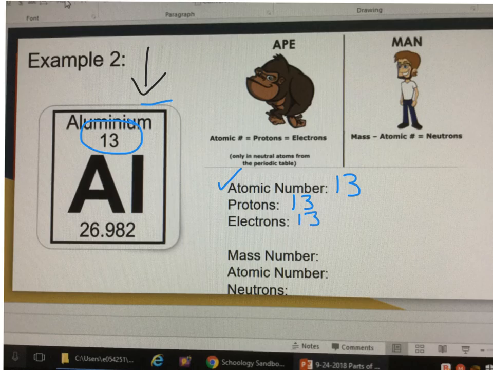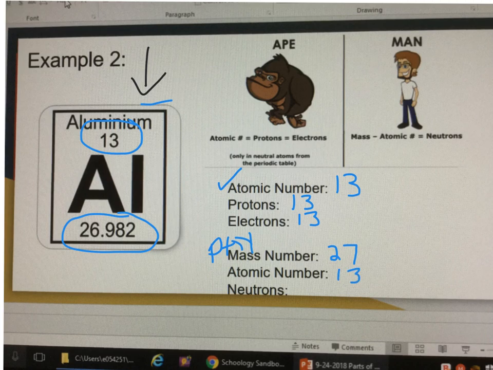All right, now your mass number, remember your mass number is your protons plus your neutrons, okay, and it's over here on the bottom. And you can round that off. So 26.9, that 9 is 5 or higher, so we're going to round it off to 27. Okay, now my atomic number is 13.